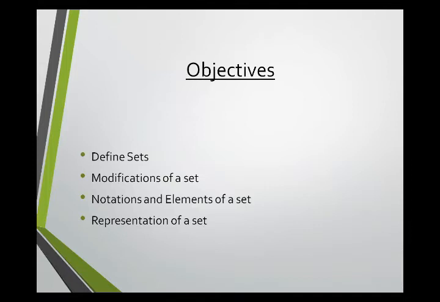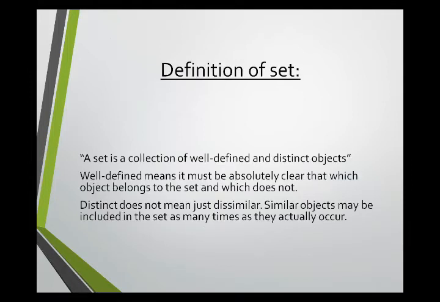Okay, we have to start our lesson. The first one is the definition of a set. A set is a collection of well-defined and distinct objects. Here, the word well-defined means it must be absolutely clear which object belongs to the set and which does not.